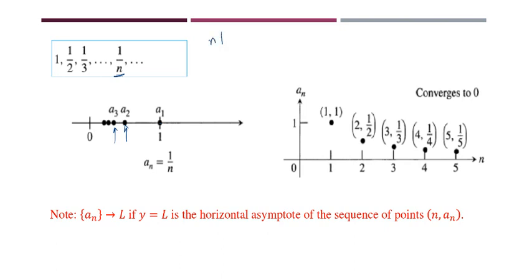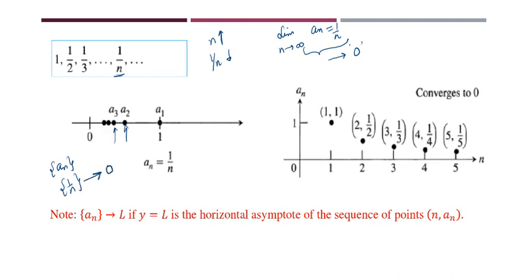As your n is increasing, your 1 by n is decreasing, and you can see the limiting case, the limit as n tends to infinity of an, where an is 1 by n, will be moving towards 0. Jitna n bada hota jayega, you will be moving closer and closer to 0. So we can say that this sequence 1 by n converges towards 0.